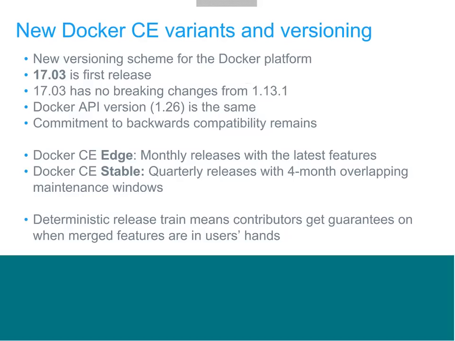If you contribute to the Docker project and your pull request is merged, you're guaranteed that it'll be in Edge users' hands within a month, because that release train just runs like clockwork. And you'll know that at most 3 months it'll be in the stable release. So it's way more deterministic, and it's easier for partners and contributors to plan when their enhancements will show up in Docker products. And it's great for us internally at Docker, also of course, because different teams at Docker can know when stuff will ship.